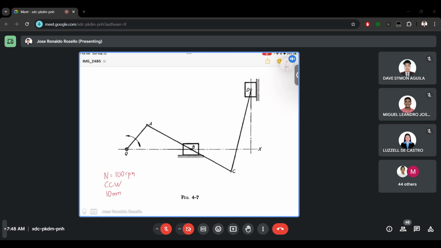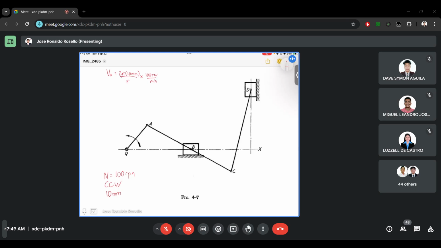So velocity at A is equal to 2 pi r, the circumference, where the radius is 10 mm. Then let's multiply with the angular speed, 100 revolutions per minute.